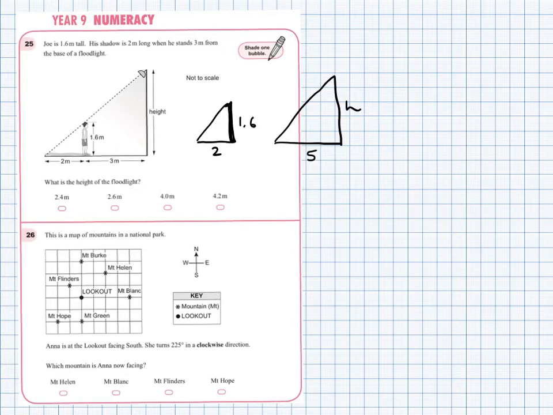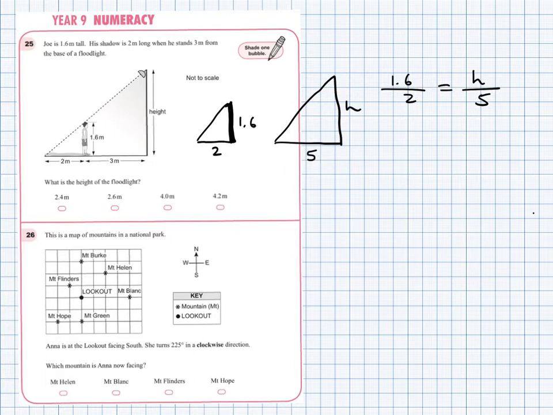So I go with 1.6 over 2 is equal to height over 5. Please note, if I have used height 1.6 in the numerator, then I have to use the height that we don't know in the numerator as well. In the denominator we have the bases, to be consistent.